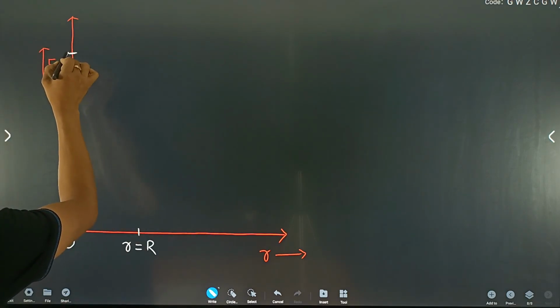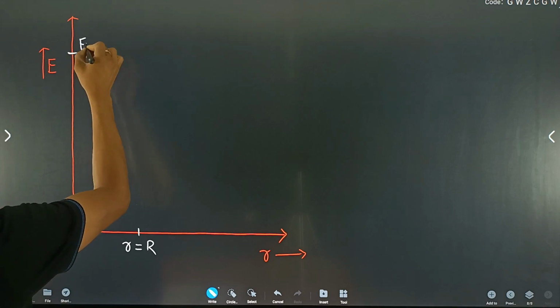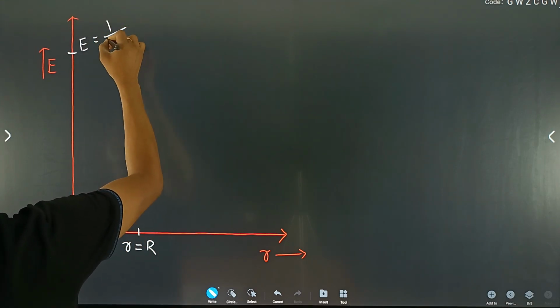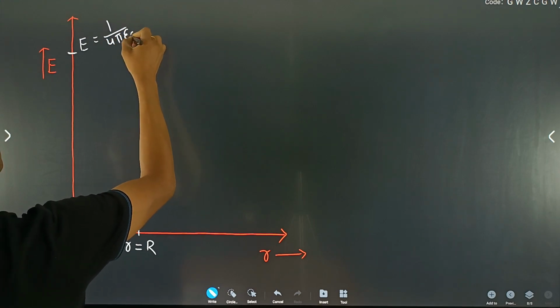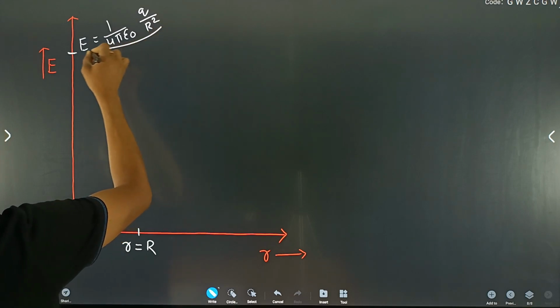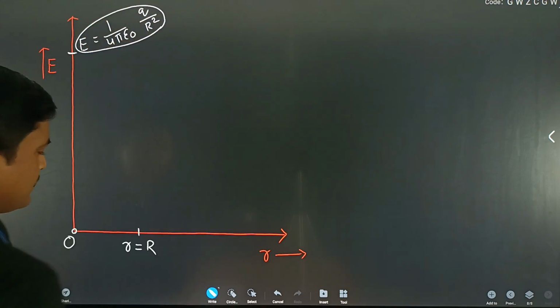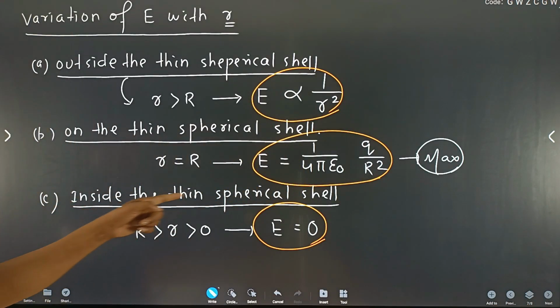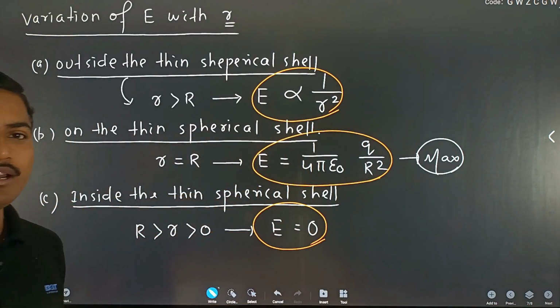And suppose this is the value of electric field on the thin spherical shell, that is 1 divided by 4 pi epsilon 0 q divided by capital R square. Inside the thin spherical shell, electric field is 0.